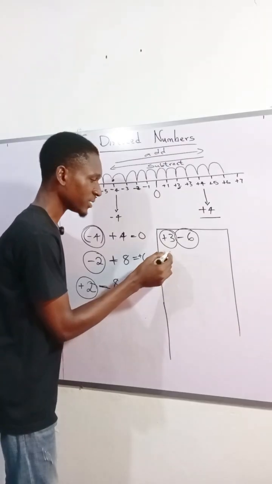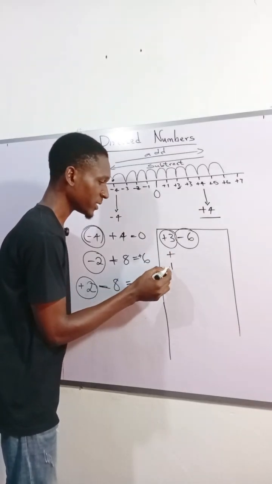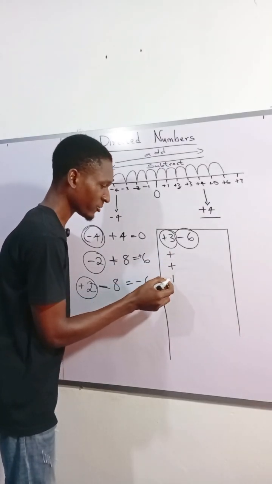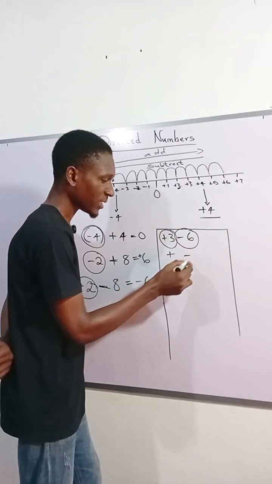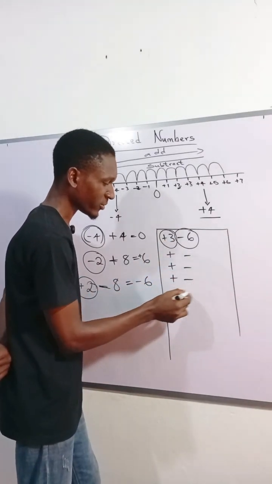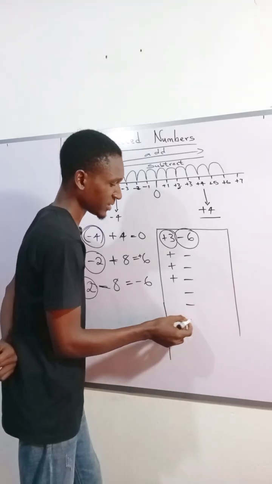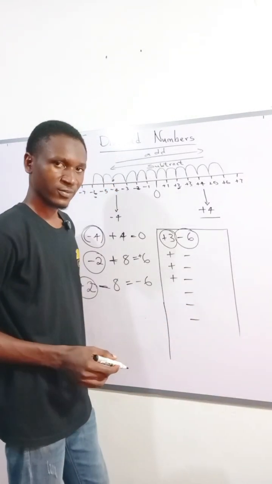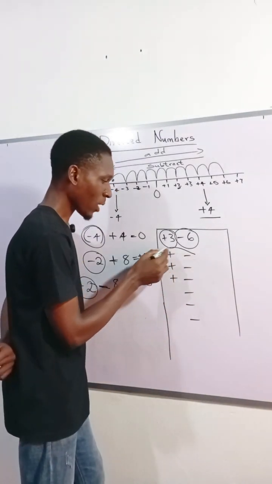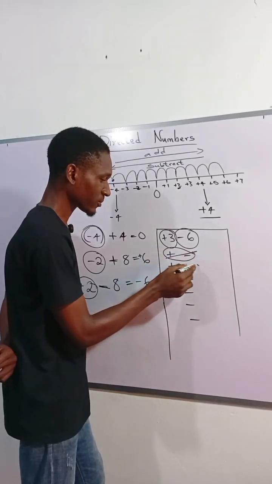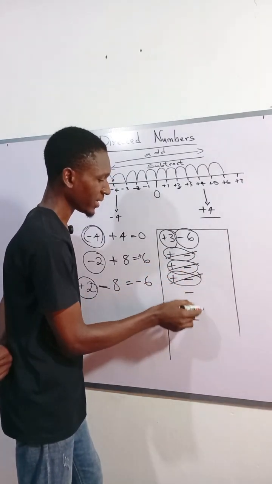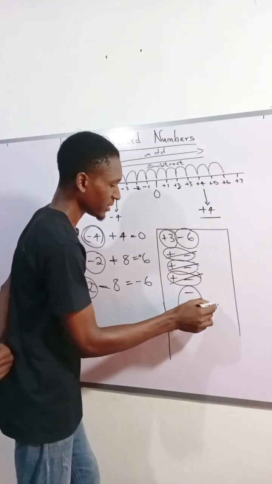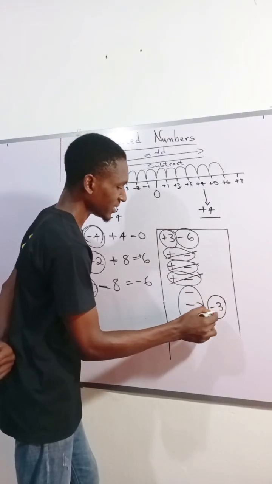So positive 3 means 1 positive, 2 positive, and 3 positive. Negative 6 means 1 negative, 2 negative, 3 negative, 4 negative, 5 negative, and 6 negative. In that way, one positive and one negative cancel, another one cancels, another one cancels, remaining 3 negative, and this 3 negative would be your answer.